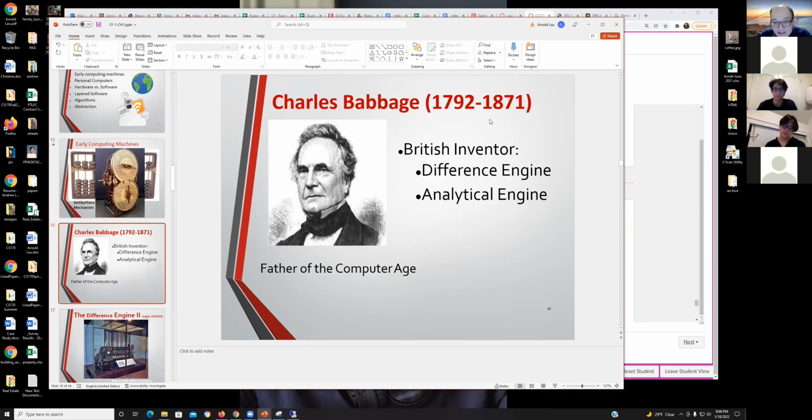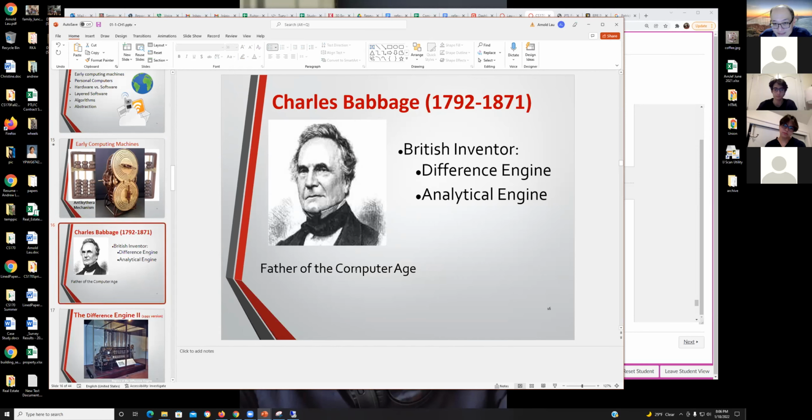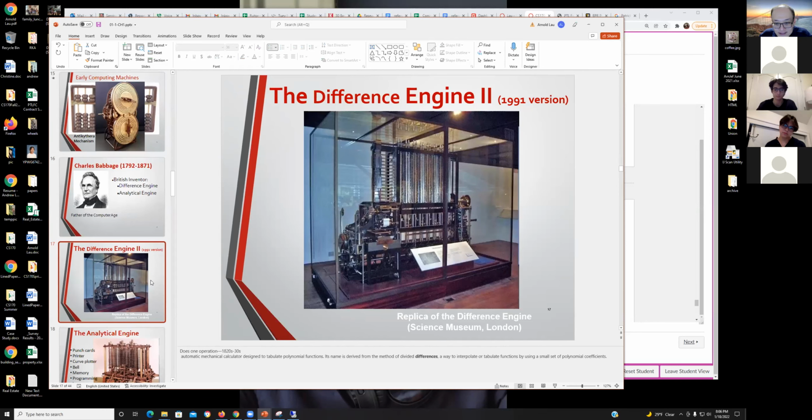The key part here is he's the recognized father of the computer age. Like I said, you're looking for mechanisms to make calculations easier, and that's what he was trying to get to and what he developed. Here's one of his machines that's sitting in the Science Museum in London.